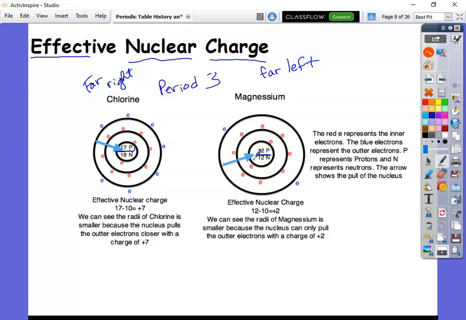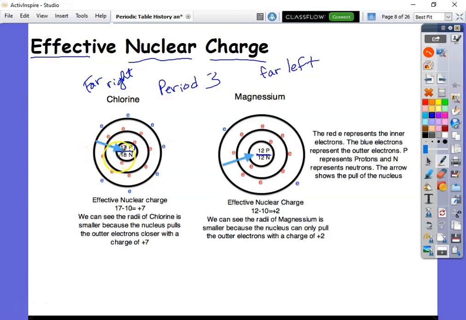If you want to think of it almost like magnets, all right, if those protons in the middle are magnets and they're attracting something metallic, the more protons or the more magnets there in the nucleus, the more they are going to be able to attract these electrons into the nucleus. And of course, the same here with magnesium, the fewer protons means the less attraction between the protons and the electrons.